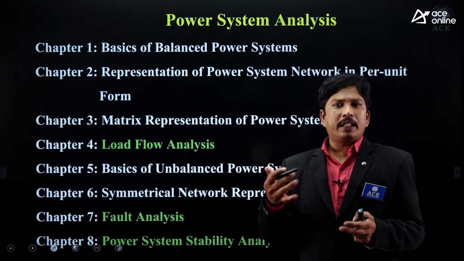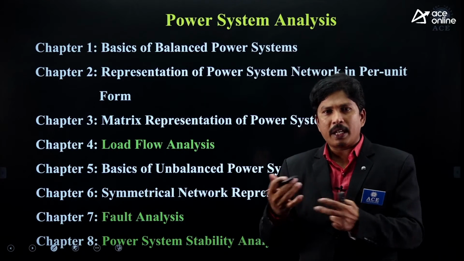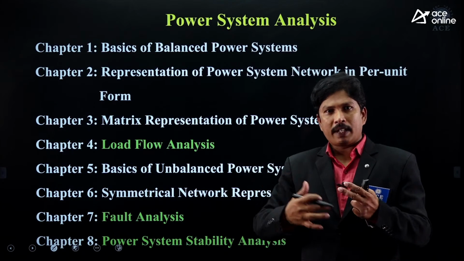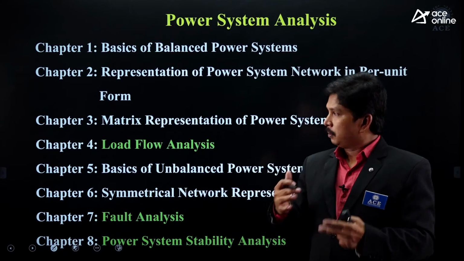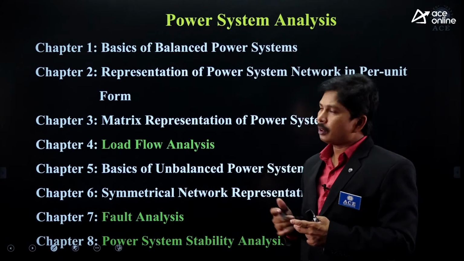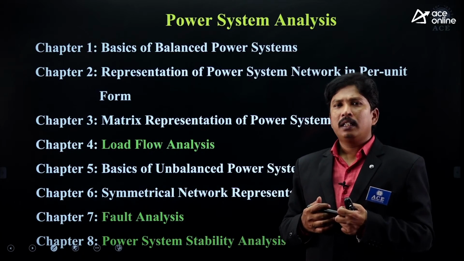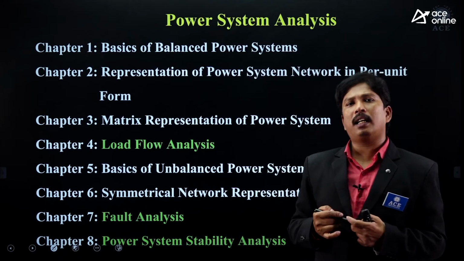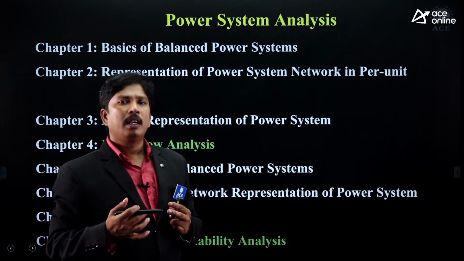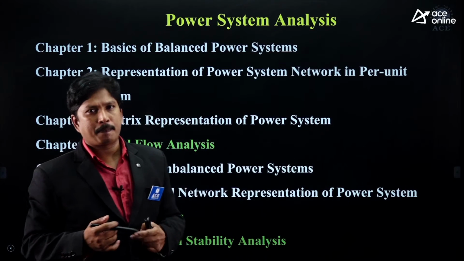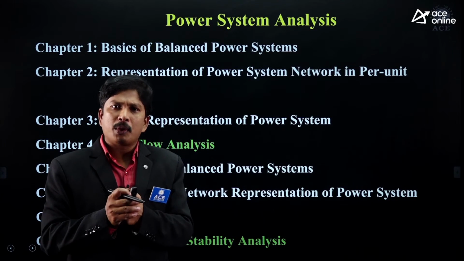Having different terms of power means we have different units, which makes calculations difficult, and we also have transformers. The transformer in the single line diagram gives more complexity because it is a mutually coupled circuit.